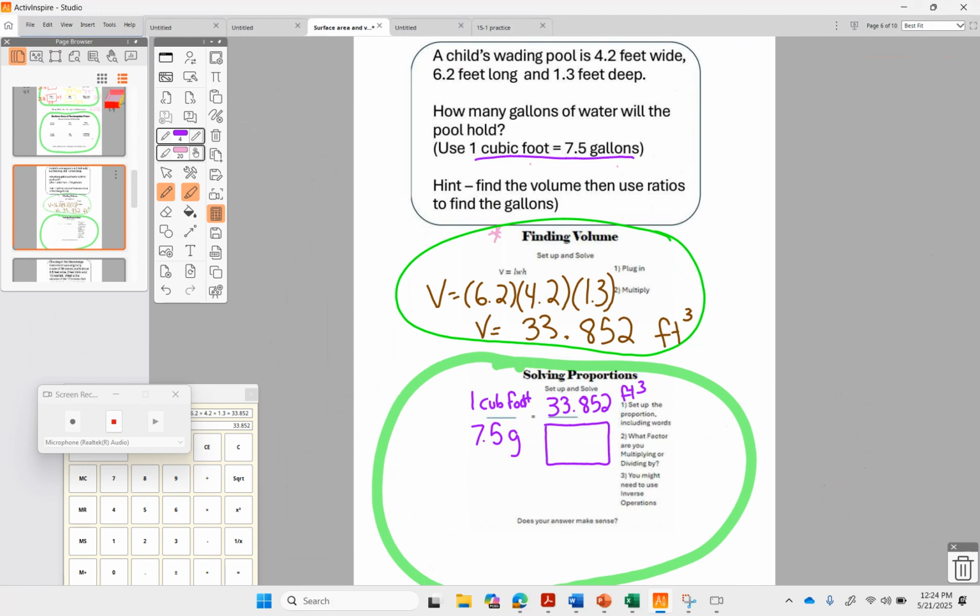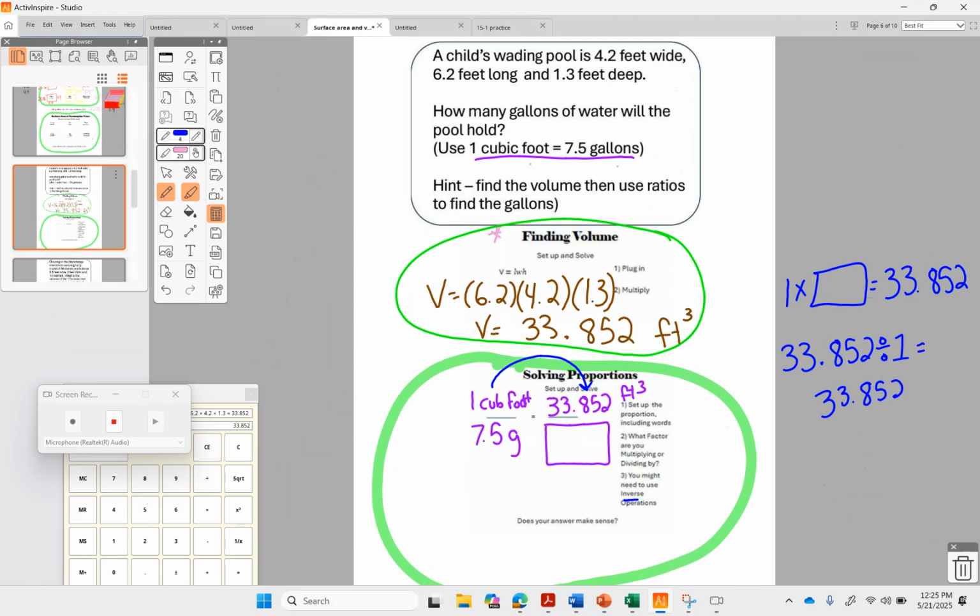What factor are you multiplying by? So I'm going from 1 to 33.852. 1 times some number equals 33.852. Hopefully you can do that in your head, but if not, you can use inverse operations: 33.852 divided by 1 actually happens to be 33.852.